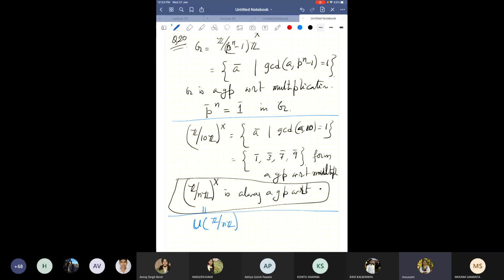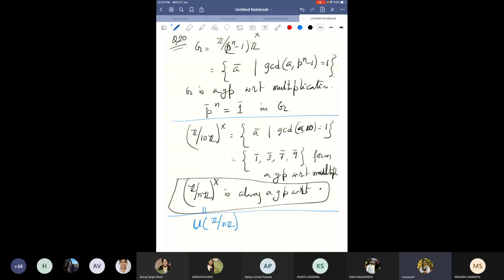Units means all these elements have multiplicative inverse. Those which are co-prime to n have multiplicative inverse. That's why they are forming a group with respect to multiplication. So in some sense, these are called units of Z quotient NZ also. Somebody uses this notation.